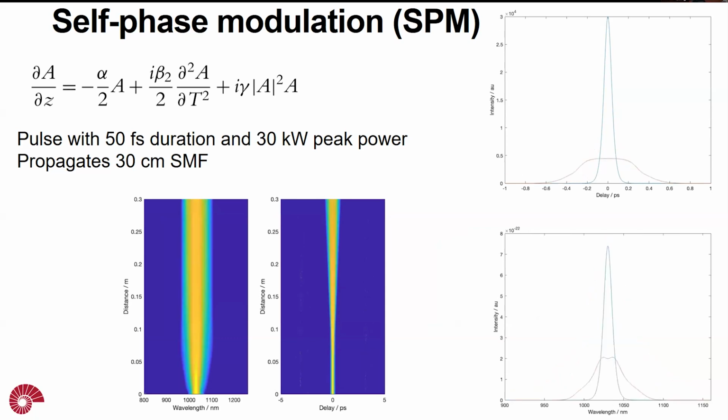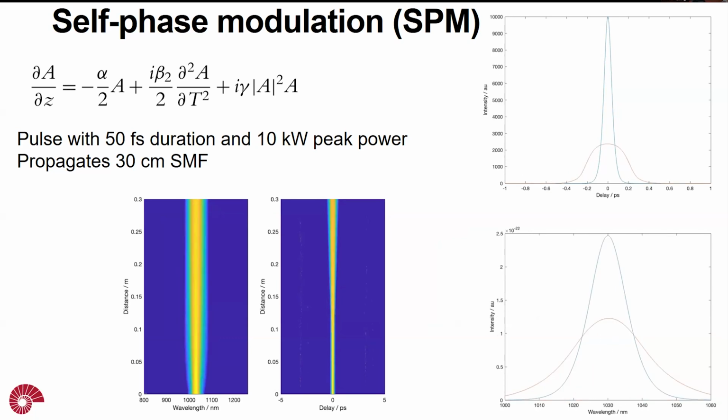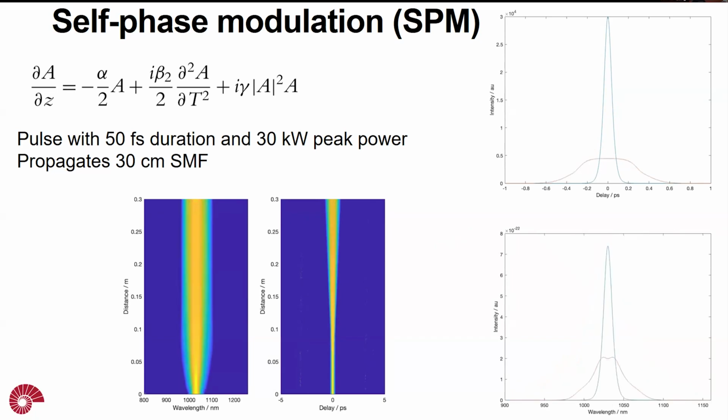Okay? This time 30 kilowatt. Spectrum is much broader. Actually, from here to here, I'm changing the grid because it doesn't fit. Previously, it was around 1000 nanometers to 1100. Now it's around 900 to an additional 100 nanometers.